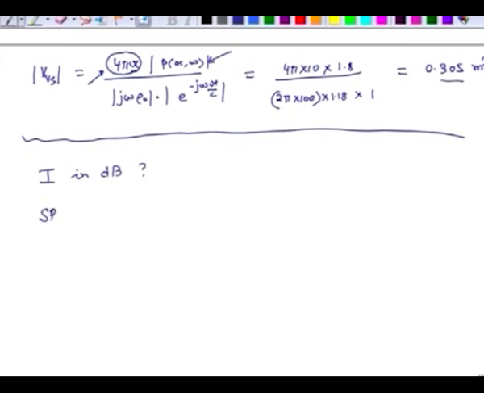We are also interested in finding out sound pressure level in decibels, and we are also interested in finding out delta, which is the magnitude of the RMS amplitude of particle displacement. So, what is the value of I, what is the value of SPL, and what is the value of delta.